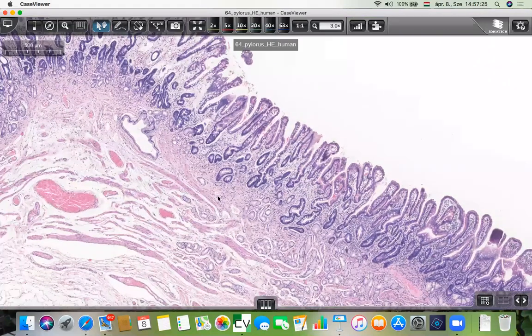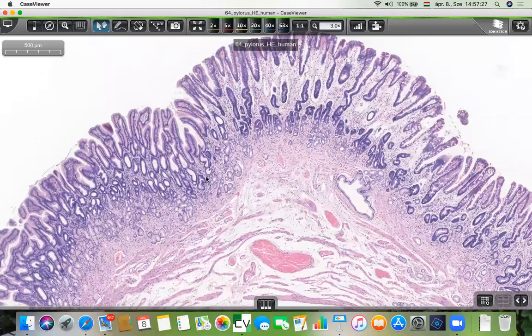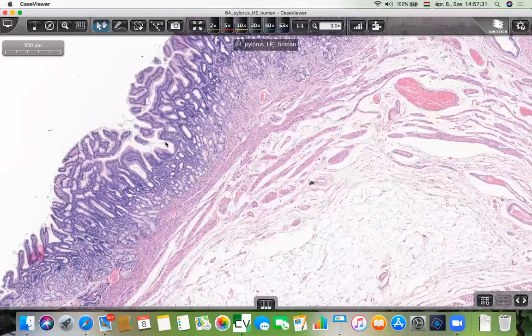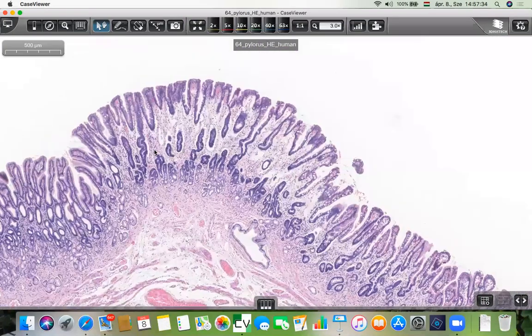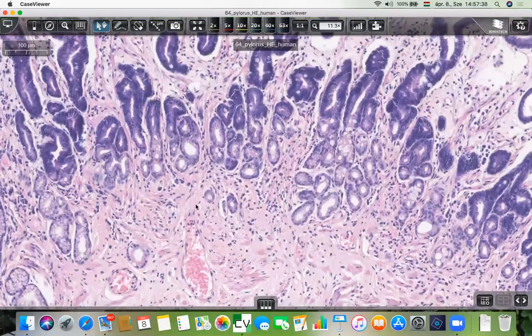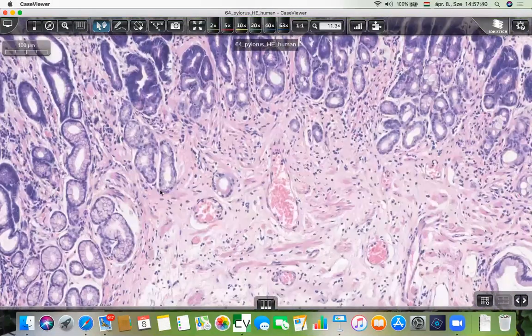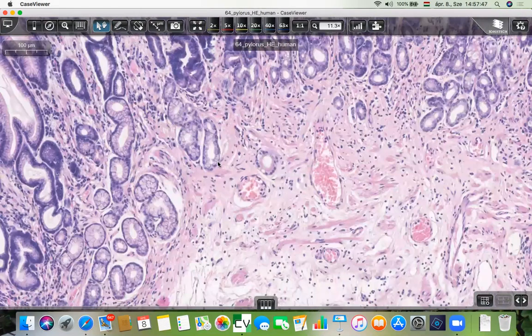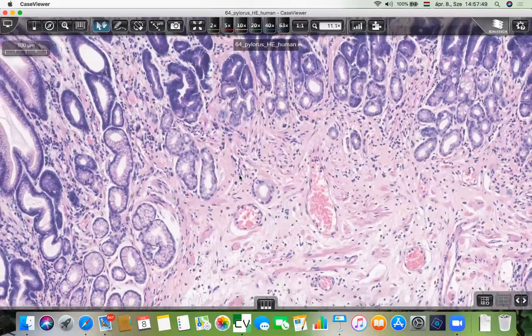Then, when we look at this surface, it is the typical view of the gastric glands, but here it's a bit weird because we can find some glands that are really typical of Brunner's glands. This is the exact transition, by the way.